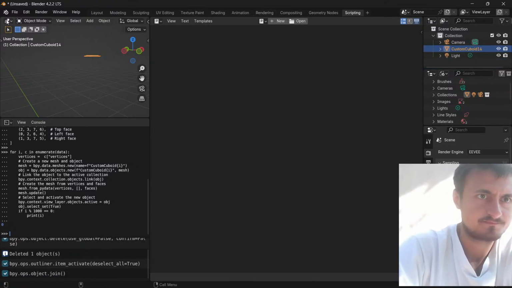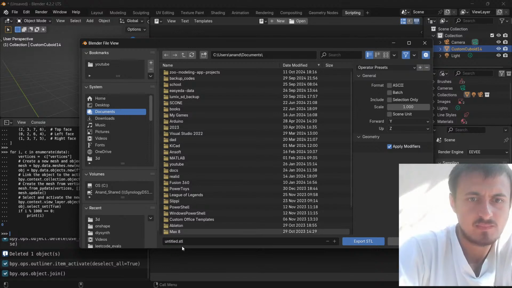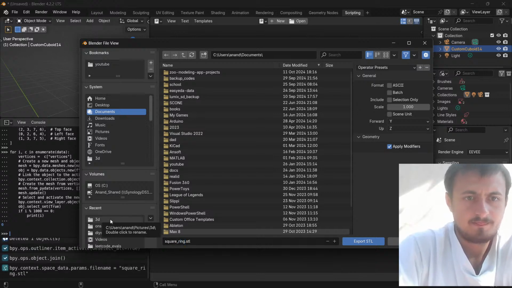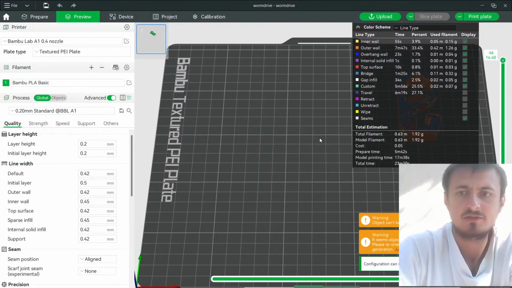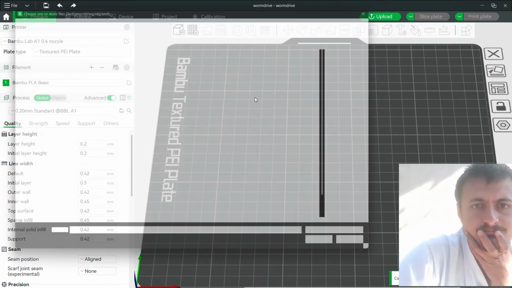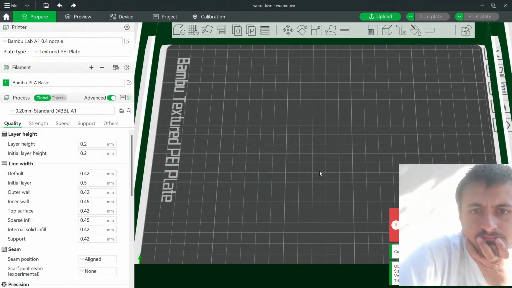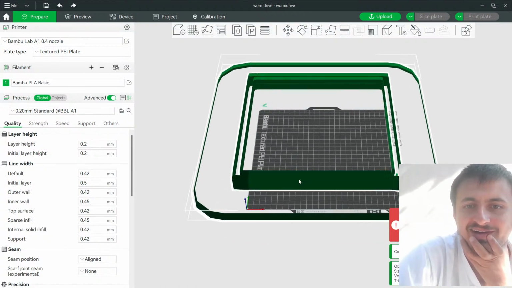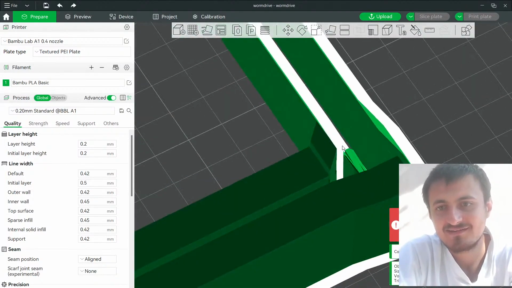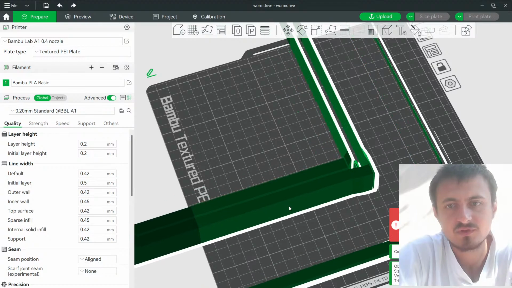Oh, there we go. Let's just put it in. Okay. It's flat.